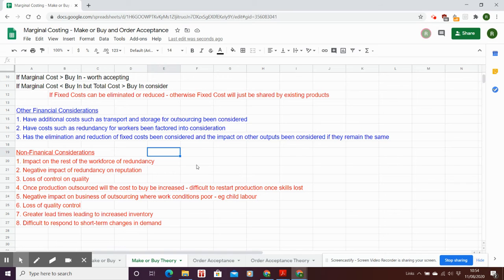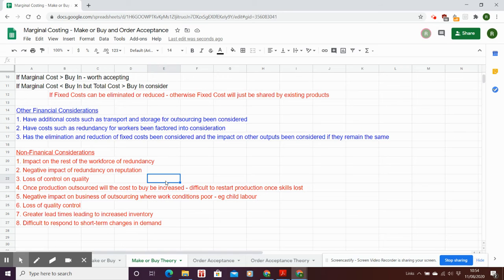Is it going to be more difficult to recruit? Okay, redundancy can have a negative impact on a business's reputation, both locally and nationally. And we'll talk about how that can be sort of magnified in this type of scenario later on. But if people look on it negatively, are they going to be less likely to buy our product?